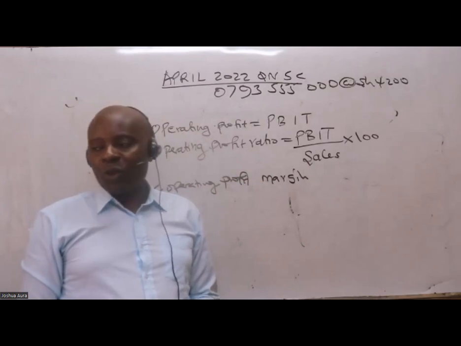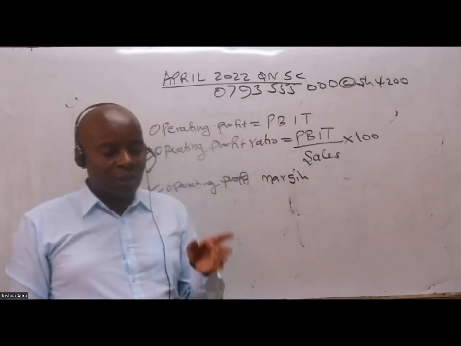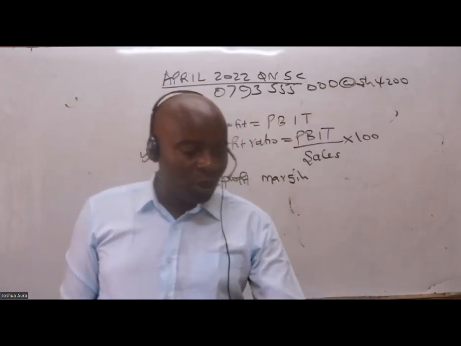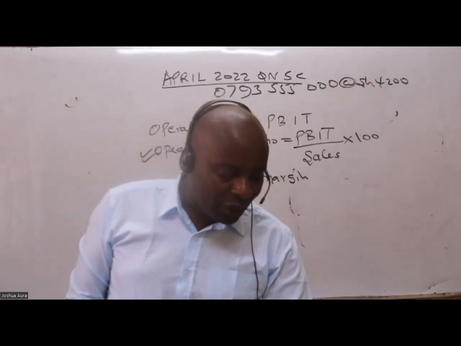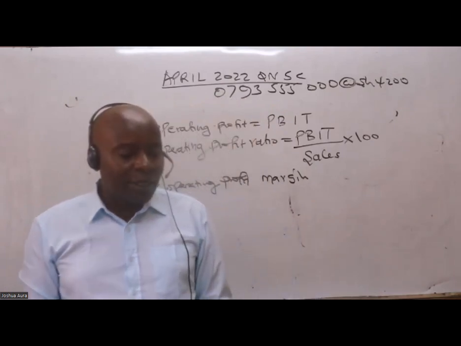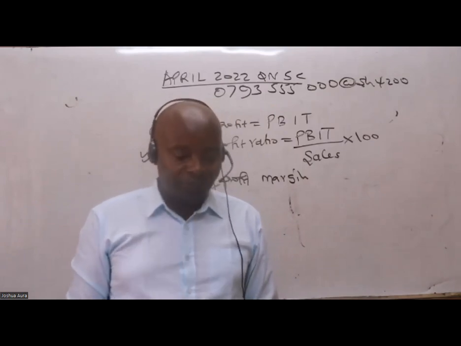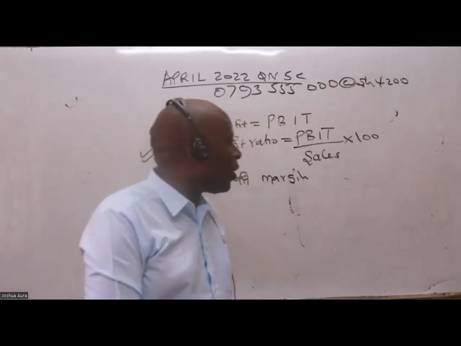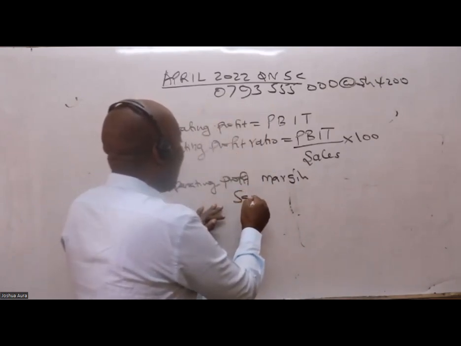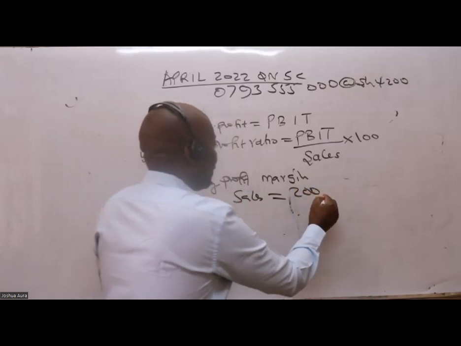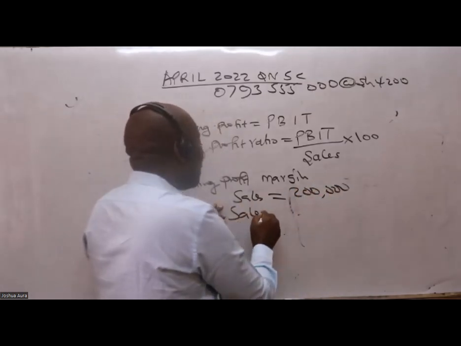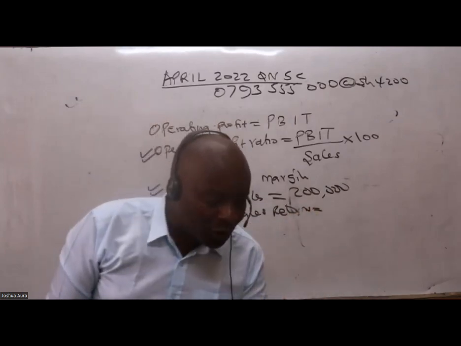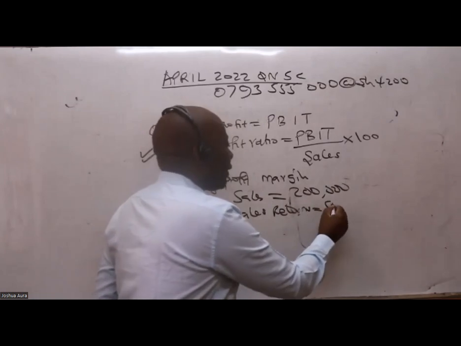Now, this question is a very interesting question. Very few students were able to get this ratio correctly, because what the examiner did, he gave us a statement of comprehensive income for Jalop. He gave us sales of 200,000. But in this case, there were some sales returns in this question of 5,000.